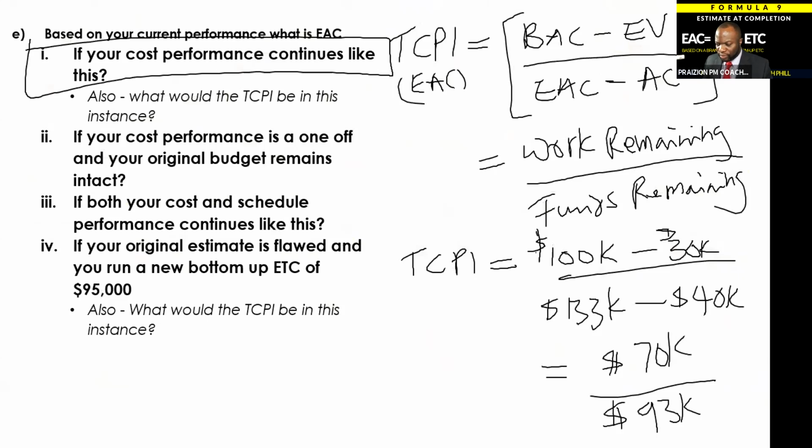Or was it 0.33? I think it was 0.33. Okay. So if you do that, using the 133K, you will get what?